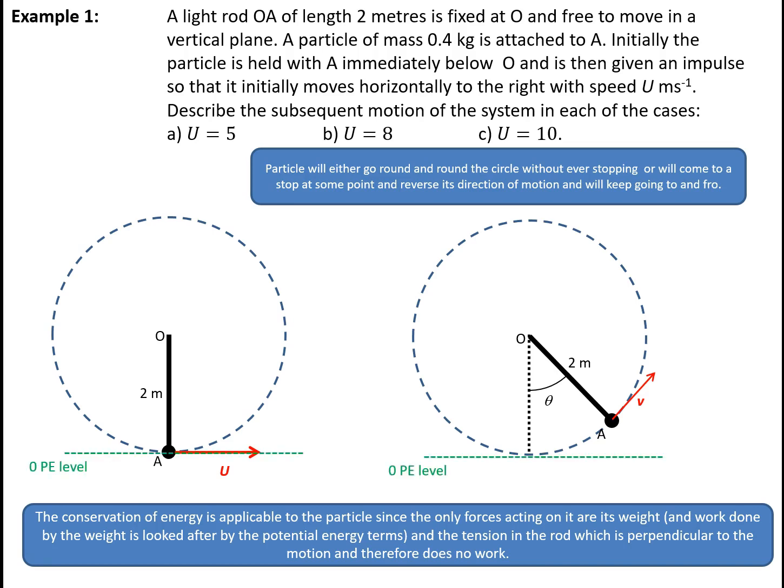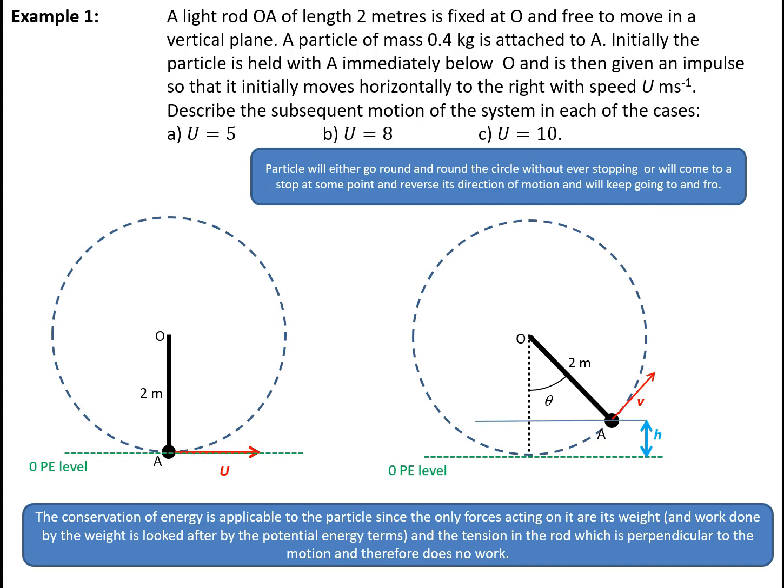So, if we're going to apply the conservation of energy, we need to introduce a zero potential energy level. The bottom of the circle will thus make all the potential energy terms positive as we go through the question. And to apply the conservation of energy, we need an expression for the height above the potential energy level of A, or of the particle, when it's in this general position. We can do that by just saying that we're trying to find this height h here.